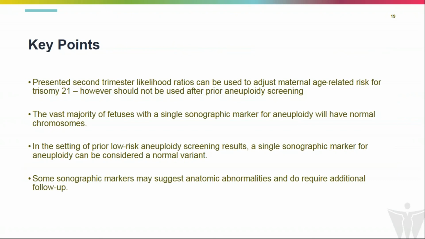The vast majority of fetuses with a single sonographic marker for aneuploidy will have normal chromosomes. Remember that in the setting of prior low-risk aneuploidy screening results, a single sonographic marker for aneuploidy can oftentimes be considered a normal variant, and that some of these sonographic markers may suggest anatomic abnormalities and do require additional follow-up.